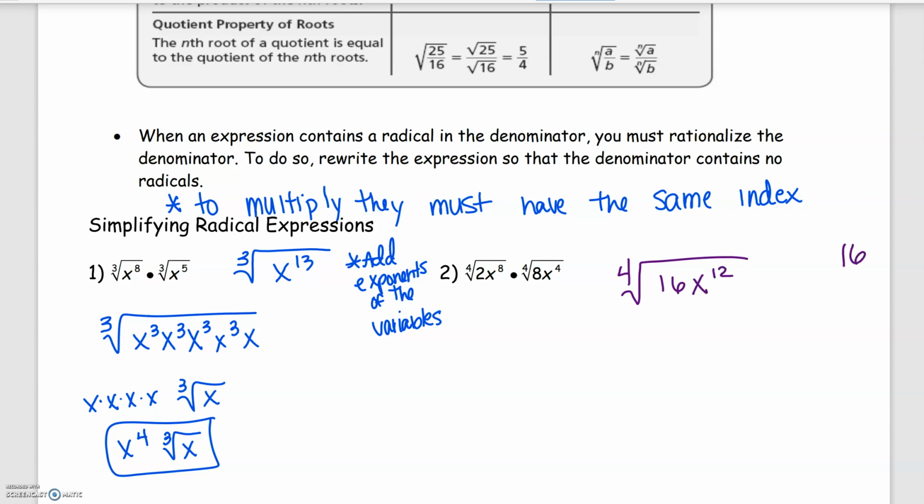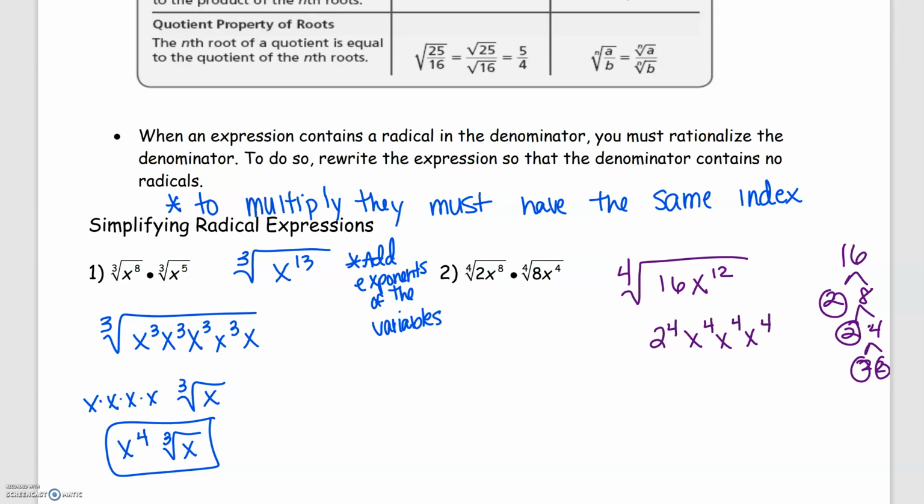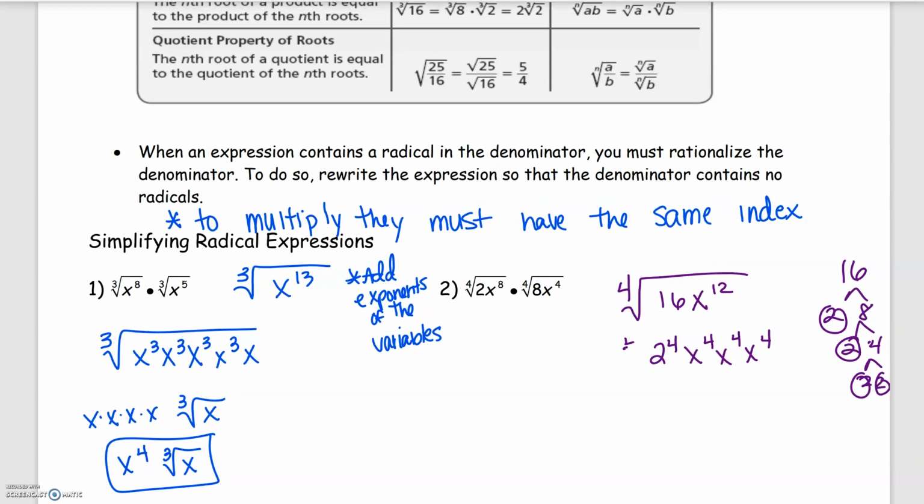And then for 16, 2 times 8, 2 times 4, and 2 times 2, and so we have 1, 2, 3, 4 2's, and so that is going to give us 2 to the 4th, and then we have x to the 4th, x to the 4th, x to the 4th, and so everything it looks like is going to come out of this one. So a 2, an x, an x, and an x, so 2x to the 3rd.